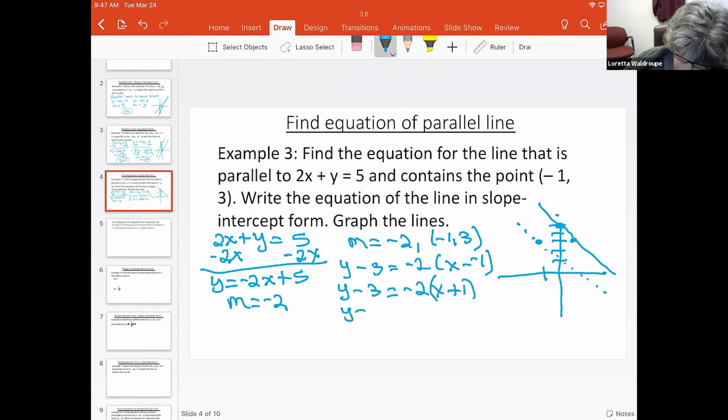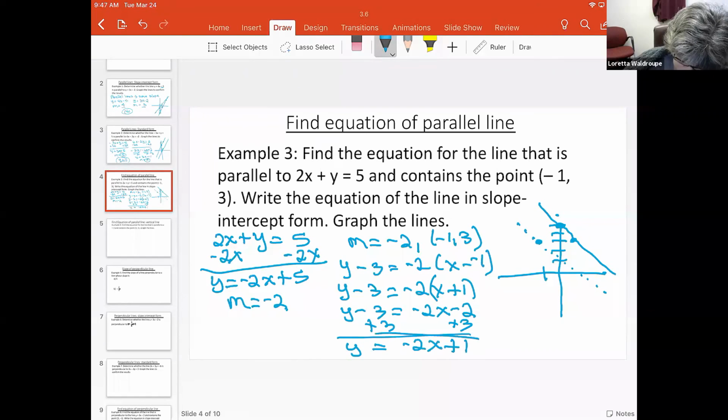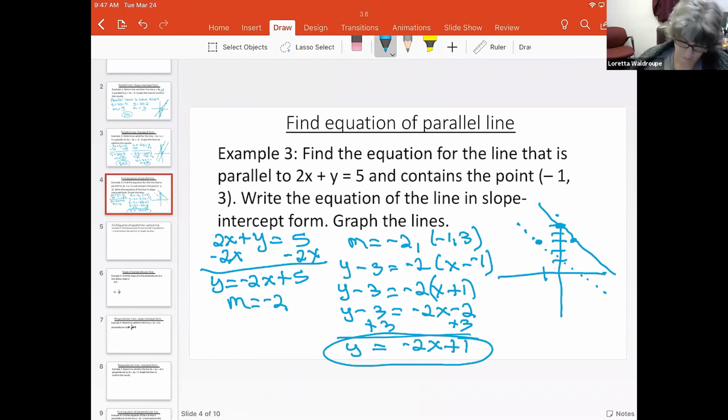Distribute your -2 and add 3 to both sides. Okay? All right.